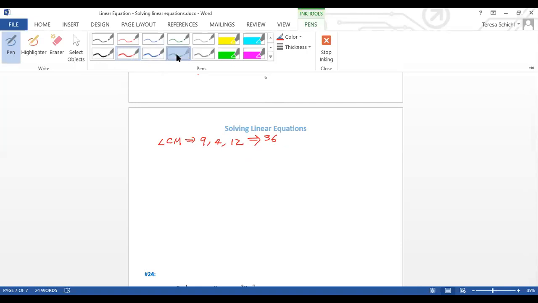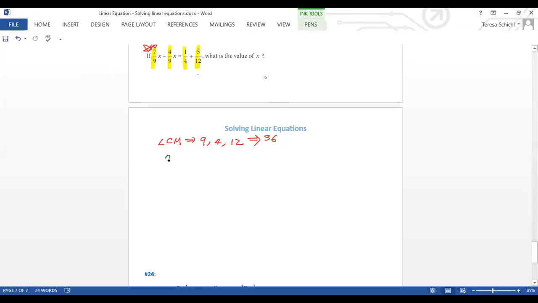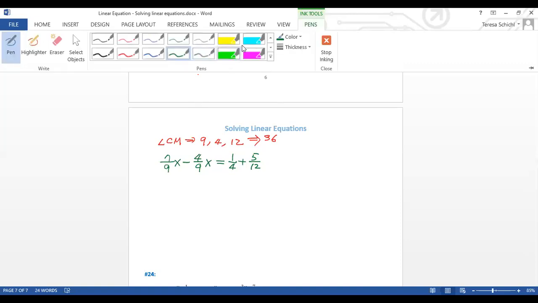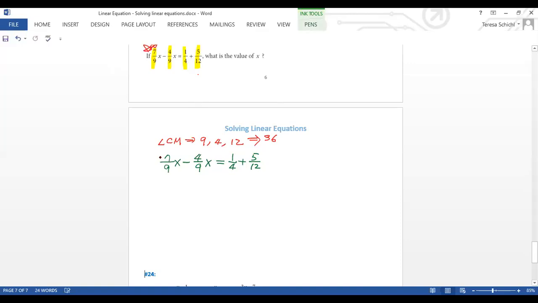Now let's take a look here. This is 7/9 x minus 4/9 x equal to 1/4 plus 5/12. Because the least common multiple here is 36, I'm going to times 36.